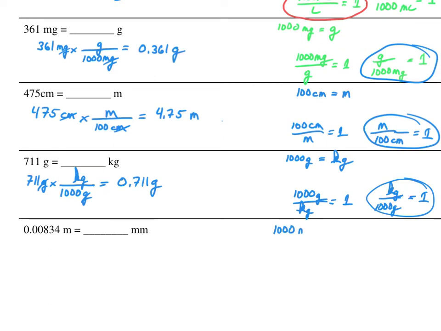We know that there's 1,000 millimeters in a meter. We write our initial number down.